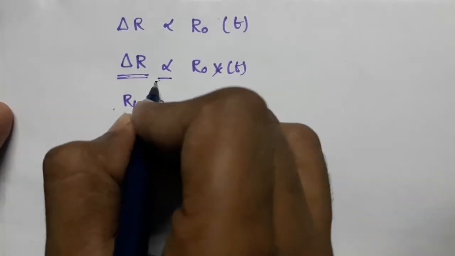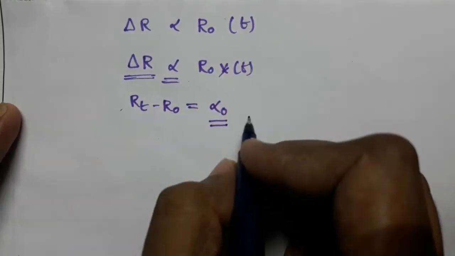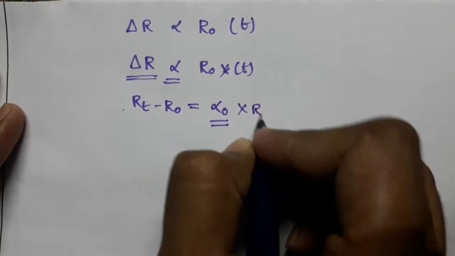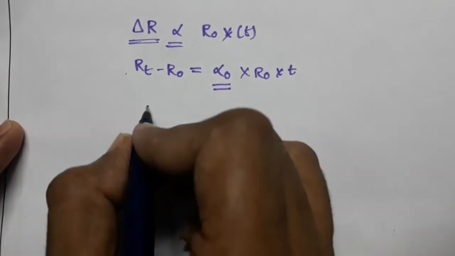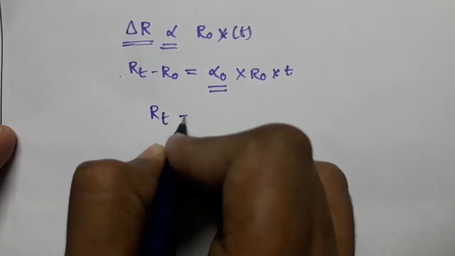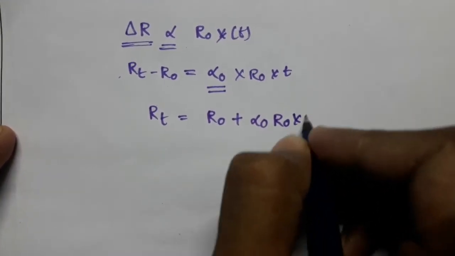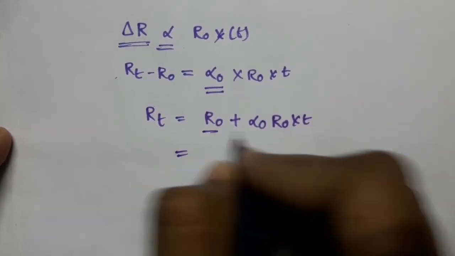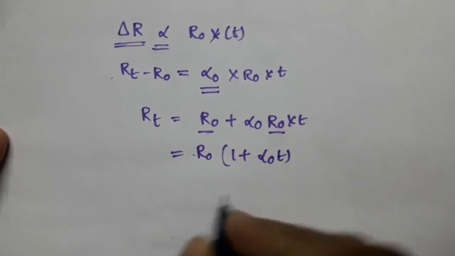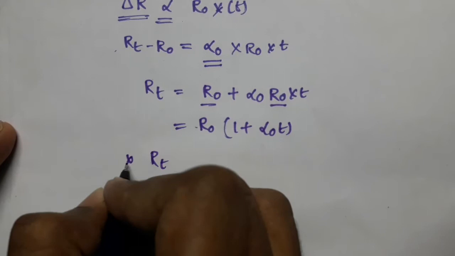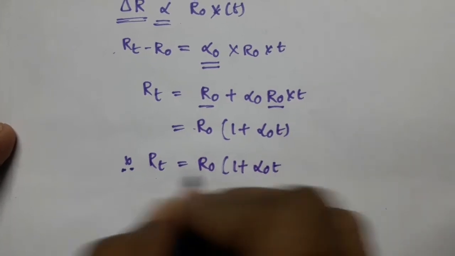By taking the proportionality, we get the proportionality constant alpha naught, the temperature coefficient of resistance at 0 degrees centigrade, into R naught into T. Taking R naught to the right-hand side, RT equal to R naught plus alpha naught into R naught into T. Taking R naught common, RT equal to R naught into 1 plus alpha naught into T.